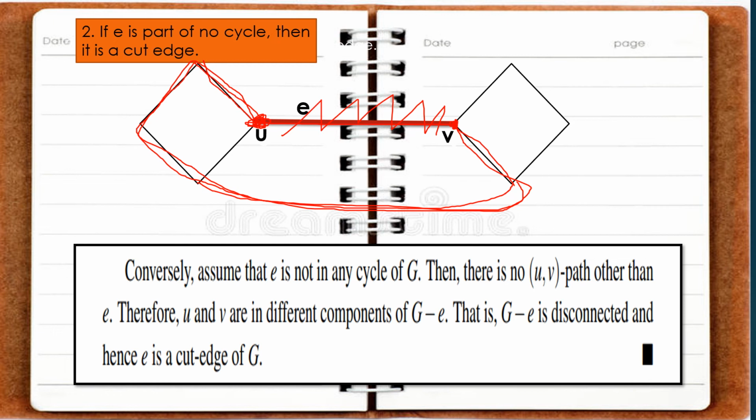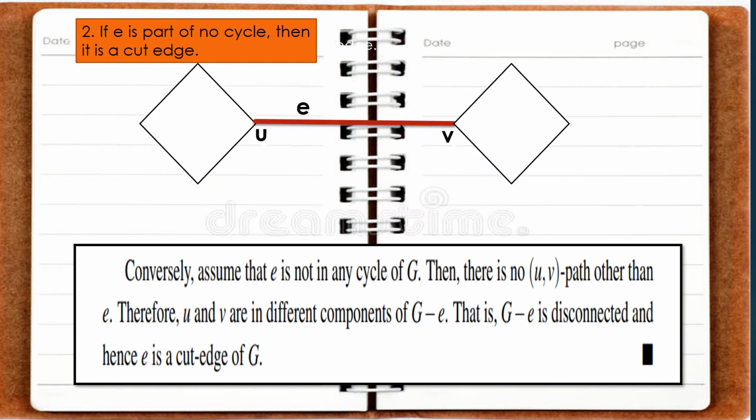If E is part of a cycle. However, if E is not part of the cycle, the only way for U and V to be connected is through E only. There's no other path, there are no other edges that can connect U to V. So then there is no UV path other than E.